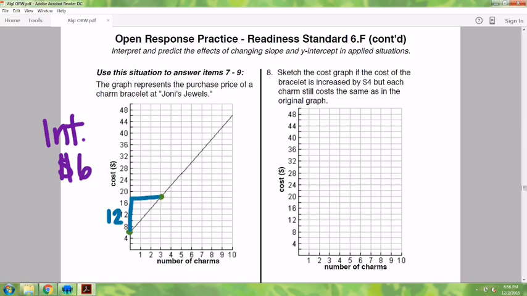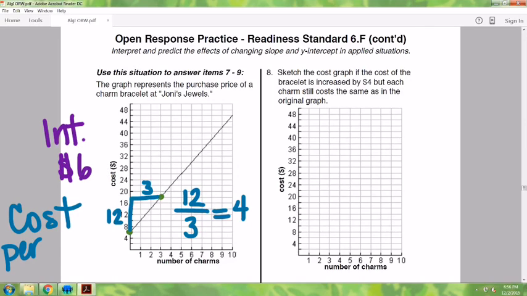And then I went over 3 spaces. Remember, slope is rise over run. So 12 over 3. In this case, this means that the slope is 4. Now for this problem, that means that the cost per charm would be $4.